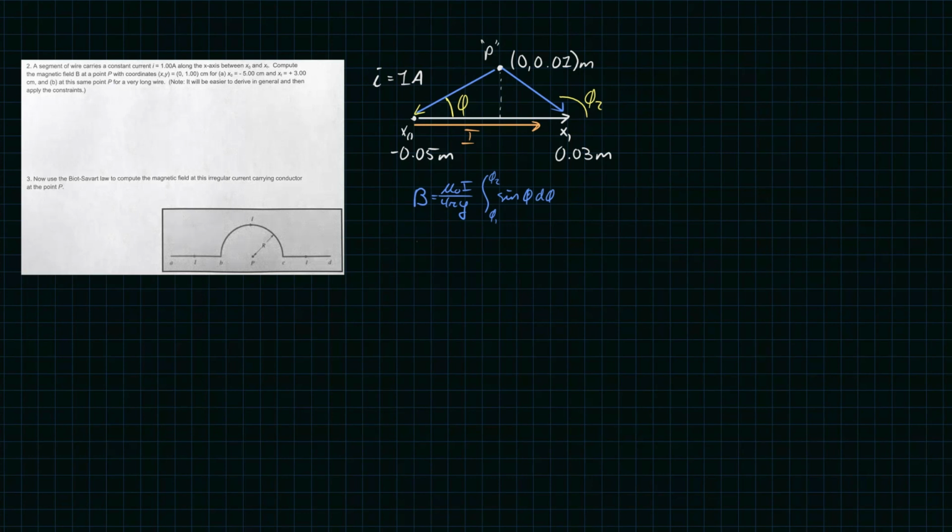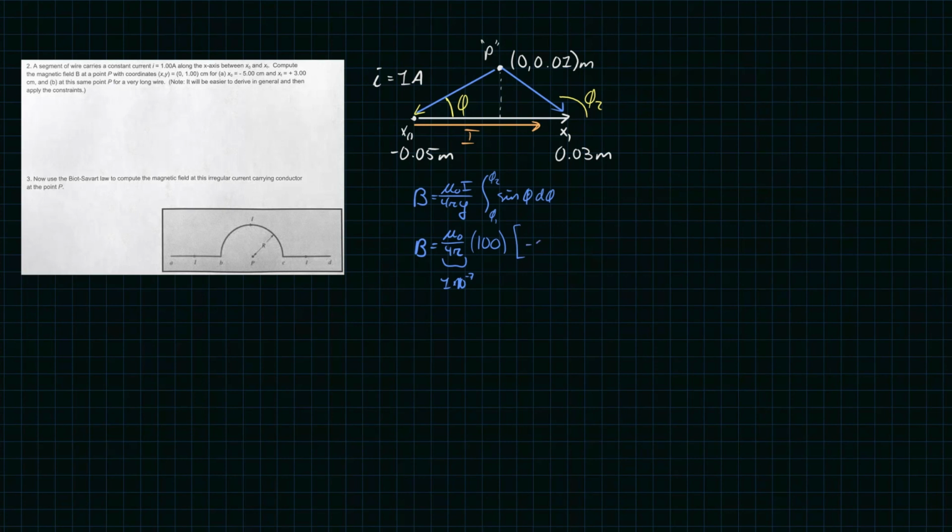So we know that B is going to be equal to mu naught over 4 pi, which is equal to 1 times 10 to the negative 7, because mu naught is equal to 4 pi times 10 to the negative 7. I over y is 1 over 0.01. So it's going to be 100.